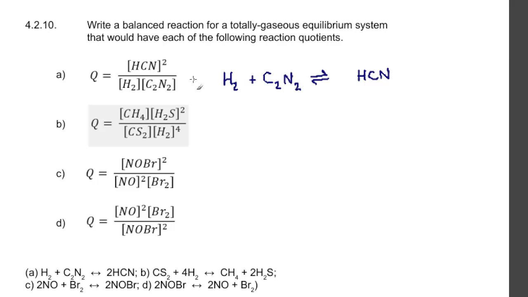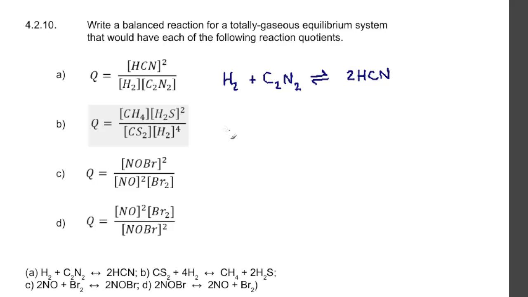And because this is a power of 2, that must mean there was a coefficient of 2 there. You could just manually balance this yourself, but obviously it's much more efficient to just pull the number here and put it in the appropriate place. So this would be the reaction that this came from.